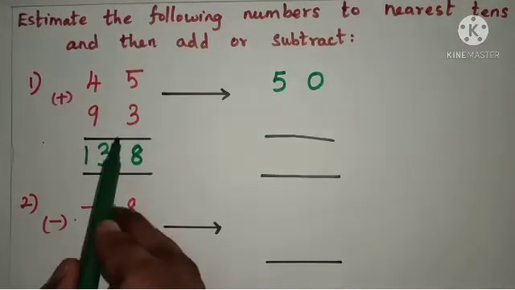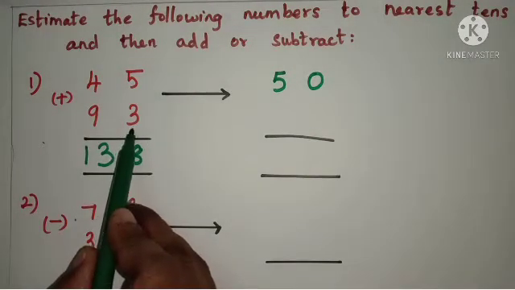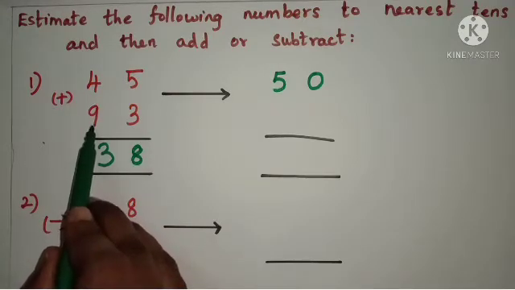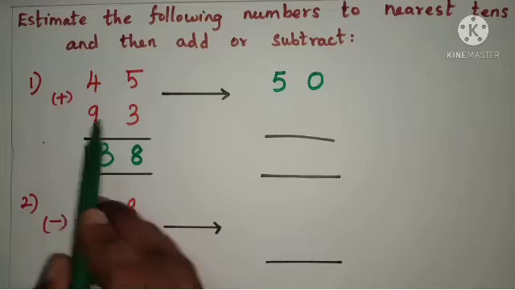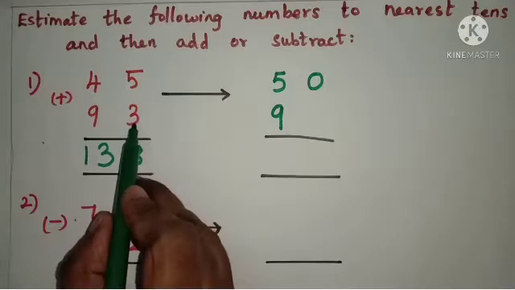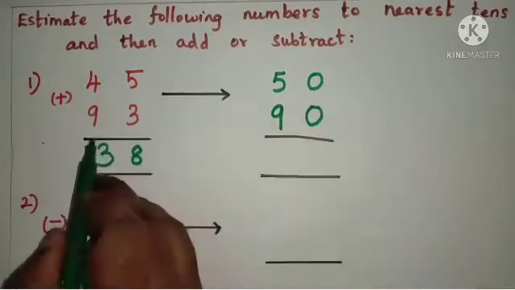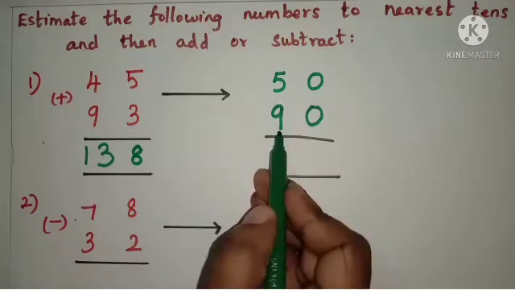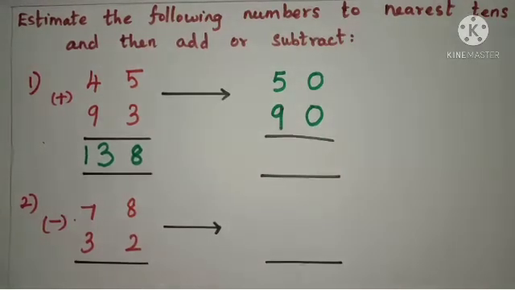And 93. What is the unit digit? Yes, it is 3, which is less than 5. If it is less than 5, what we have to do? Yes, we need to put the previous digit, that is the digit which is in the tens place, as it is, and make the unit digit 0. 93 is rounded off to the nearest tens, 90.